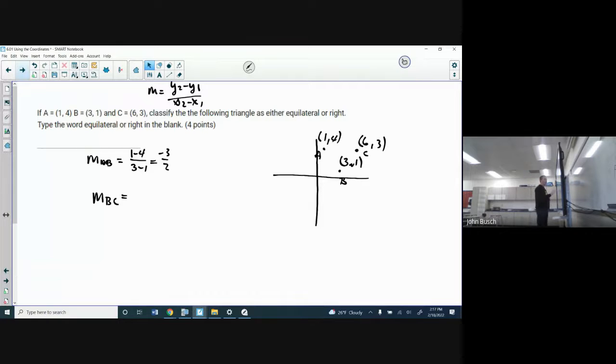That slope is BC, 3 minus 1 over 6 minus 3. That's the slope 2/3. And since those slopes are opposite reciprocals, meaning if you flip it and change the sign, they're perpendicular, that means this is our right triangle.